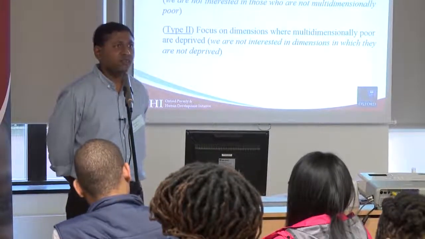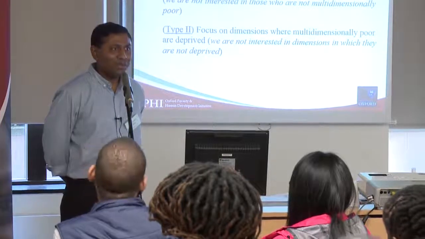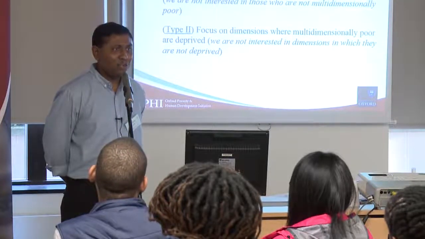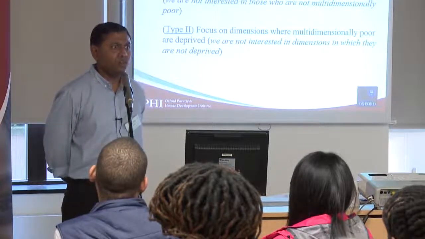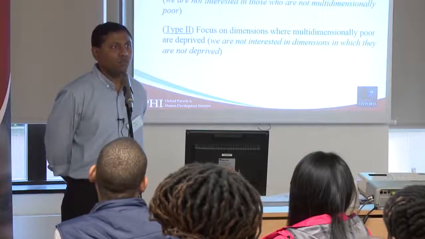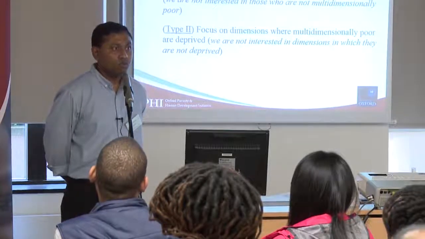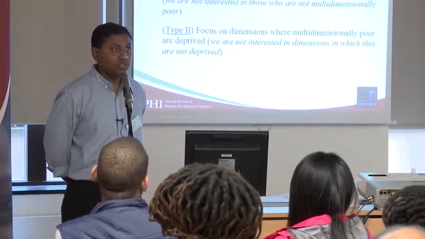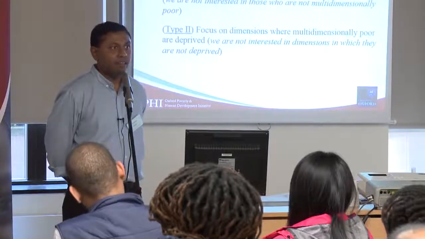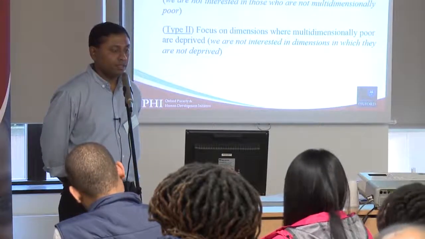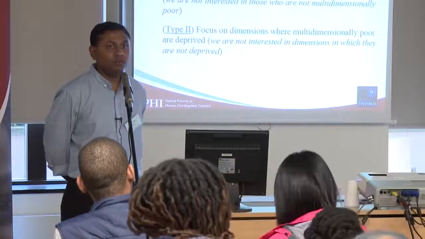It's like cash transfer: give them cash transfer and everything will be solved. There's a difficult assumption underneath, right? Because you keep on giving income, and everything will be solved automatically, even public health care and the public education system. Probably that's not the case. So that's why it is quite important to identify the deprivations rather than just assuming substitutability at any level. That's the motivation. Any other questions before we move on?